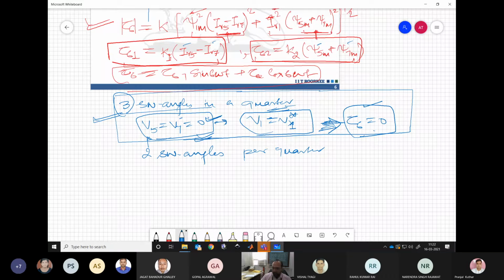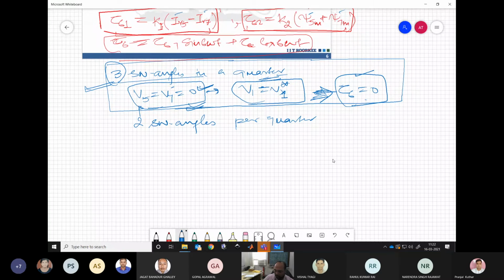So then if we have only 2 switching angles per quarter, what can we do? Now the famous technique we have seen is selective harmonic elimination, but let us see what that will do. So let us say we make V5 equal to 0 and maintain our fundamental.